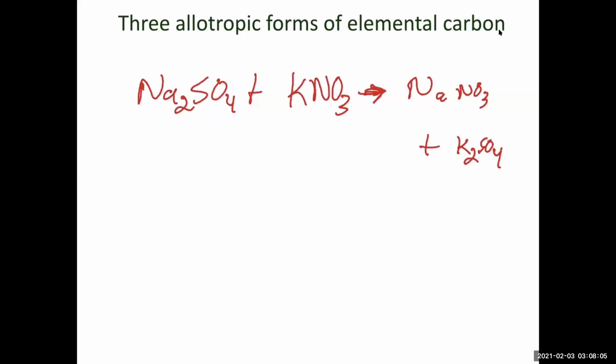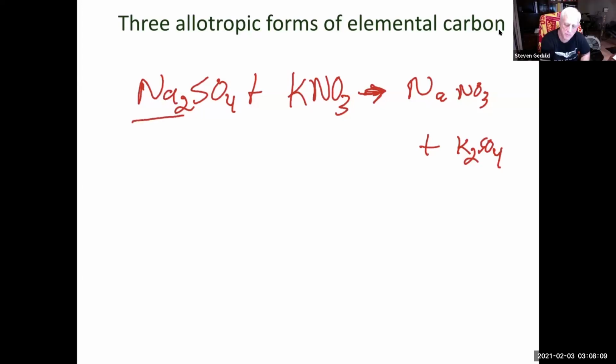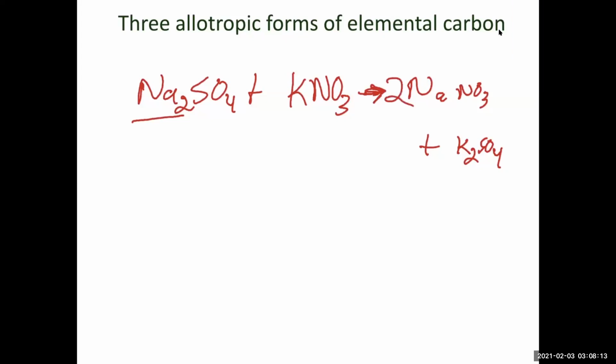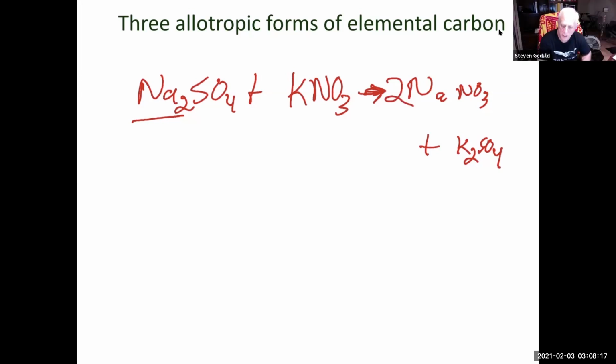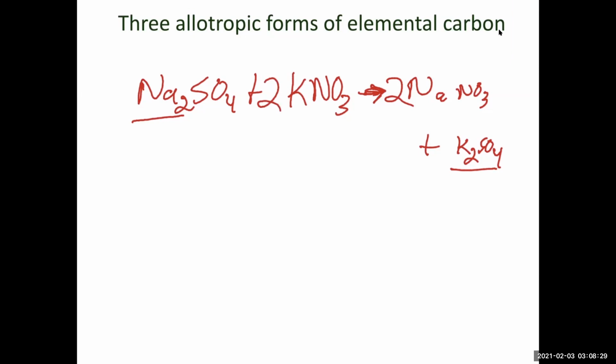So you would put a 2 in front of the NaNO3, right. There's 2 sodiums here, make 2 sodiums here. Then 2 in front of the KNO3, because you've got 2 Ks on this side. Now you have 2 Ks on this side. What else? Is that balanced? Looks like it's balanced to me.